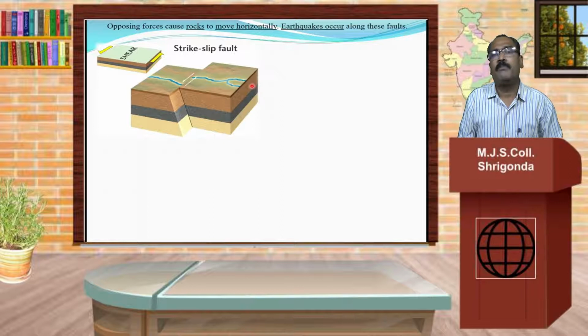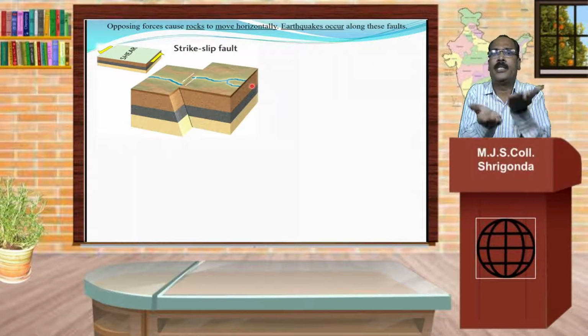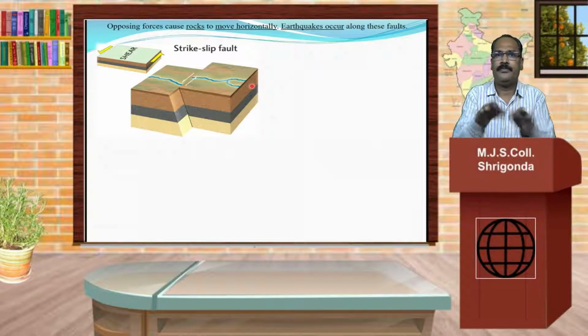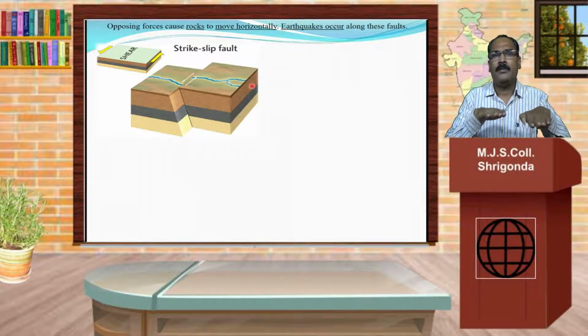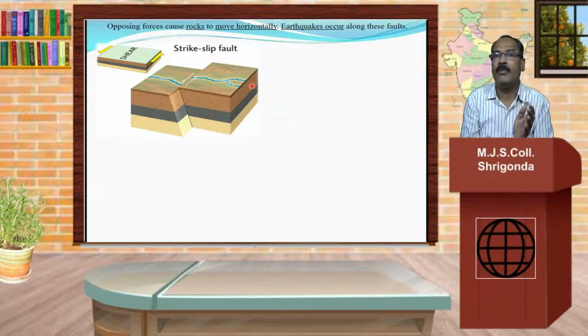Strike-slip faults: not an upward and downward direction. Slide, meaning moving, they strike slip. Okay, one plate moves horizontally, not vertically upward.